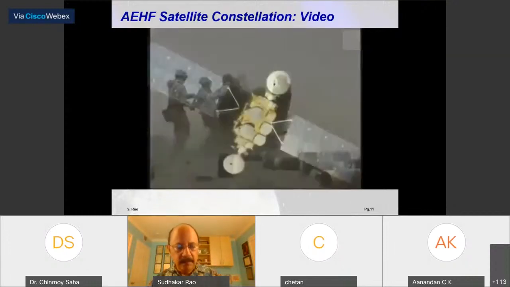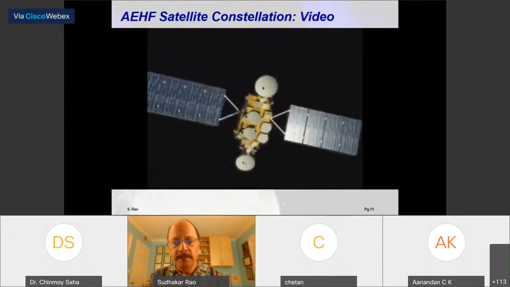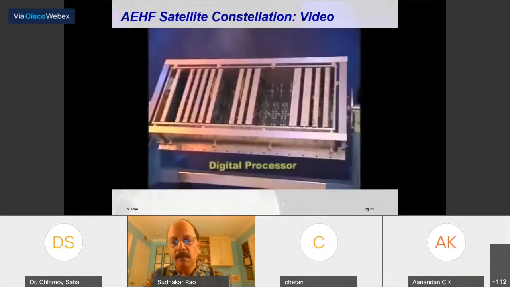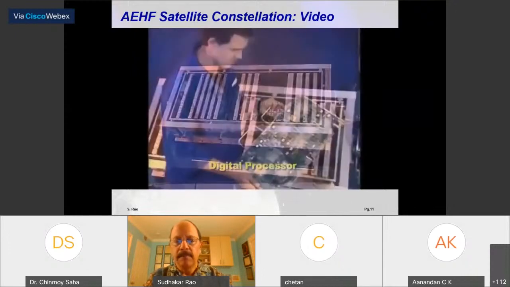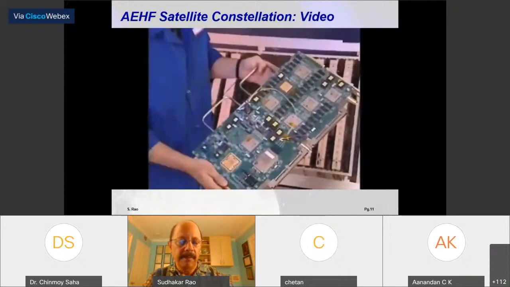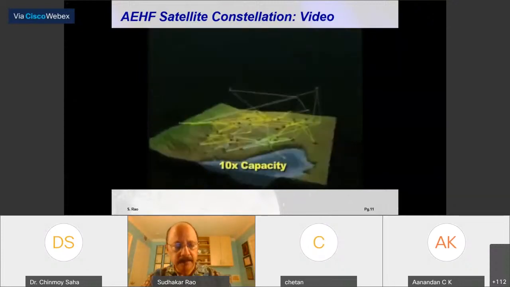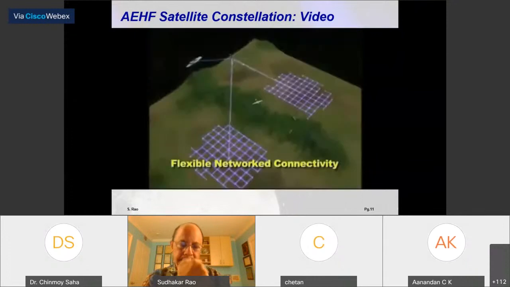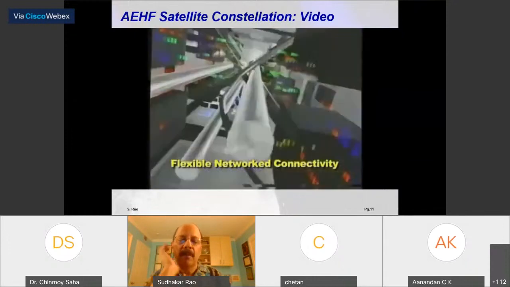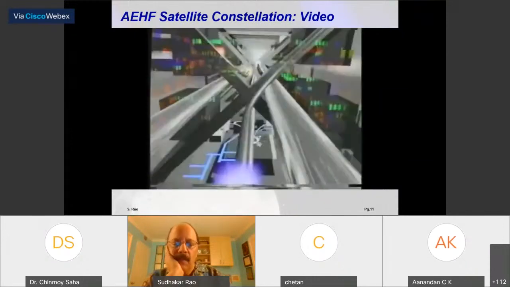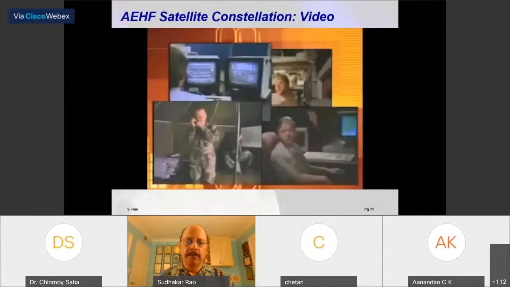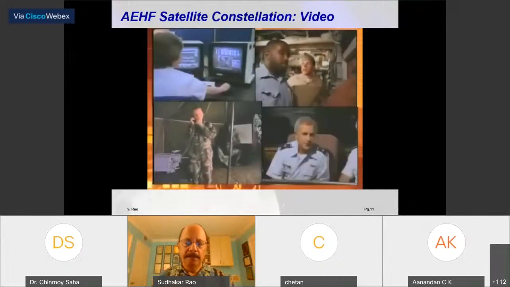The payload puts the advanced in Advanced EHF. A highly advanced digital processor serves as the switchboard in the sky, providing an order of magnitude increase in capacity versus Milstar, while supporting thousands of direct and rapidly reconfigurable connections between a variety of operational platforms.